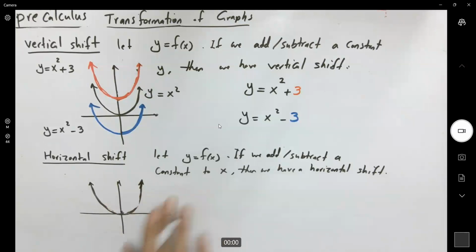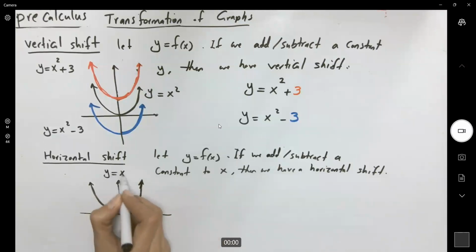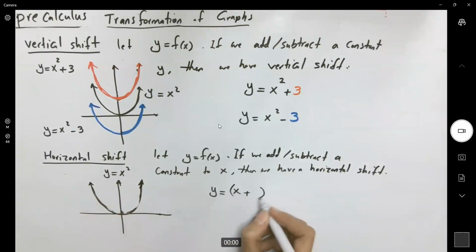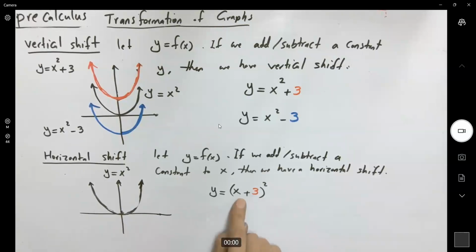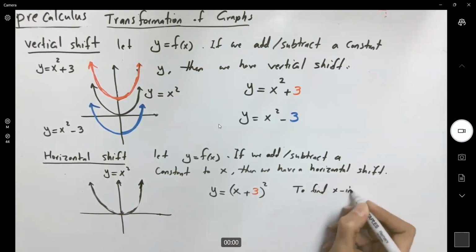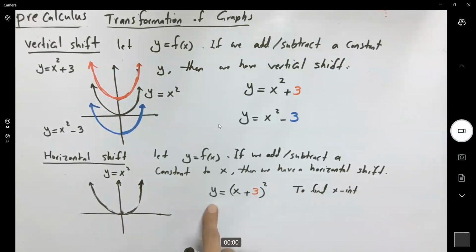Now what I'm going to do, I'm going to add or subtract constants from x. So what do I have here? I have y equals (x plus 3) to the second. Guys, if you find the x-intercept for this graph, remember that to find the x-intercept we said y equals 0.